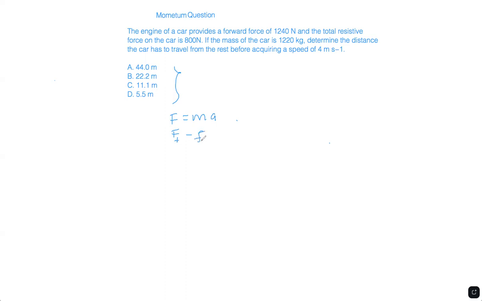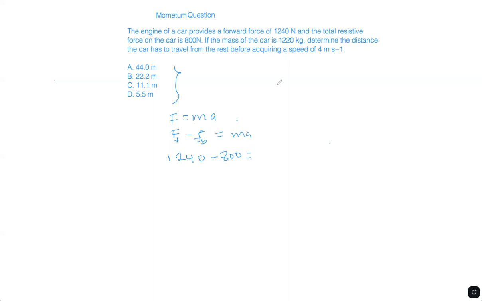So this backward force is the one pulling it back, and this is going to be equal to MA. So this is a resistance force. That means the main force pulling it forward is 1,240, then minus 800, which is the one pulling it backward, equal to MA.